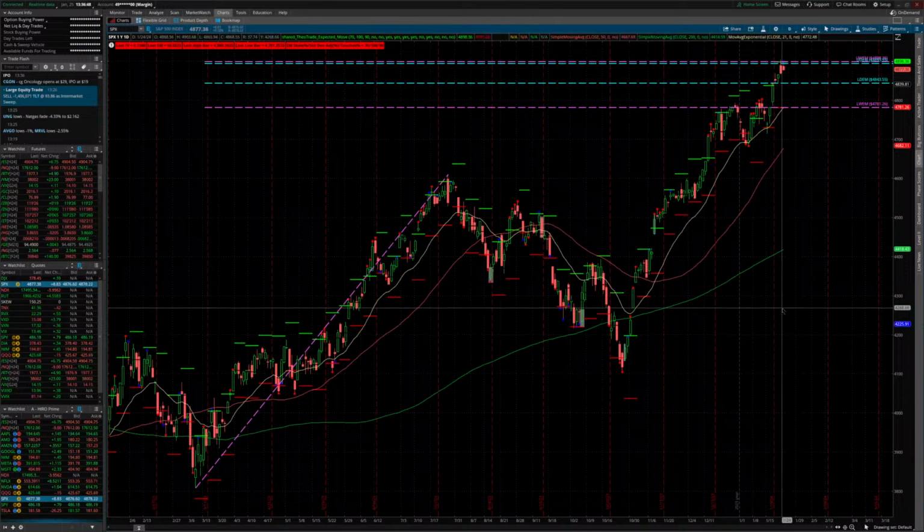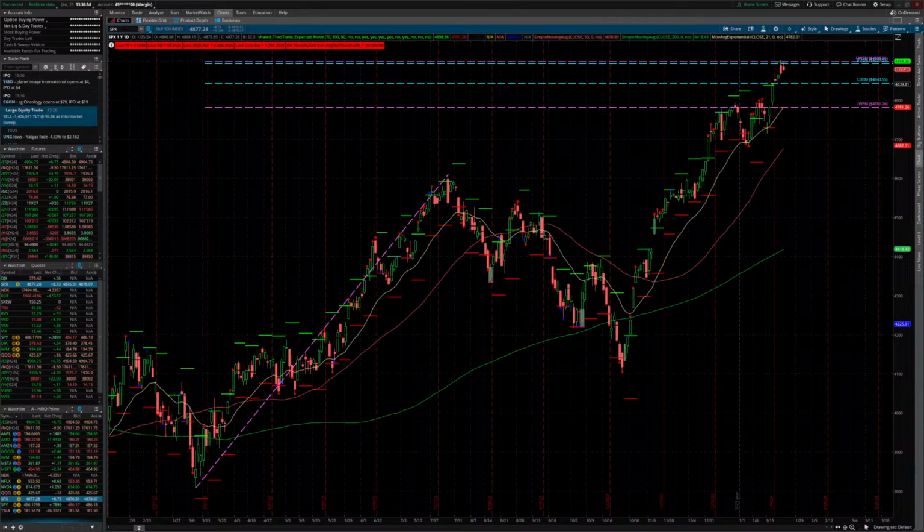This is a one-day chart in Thinkorswim. And for those of you who've been with me for a while, I'll try and go through this as quickly as possible. So this is SPX. The current rally began October 30th last year and found resistance at 4,800.